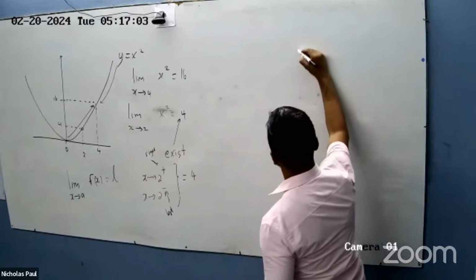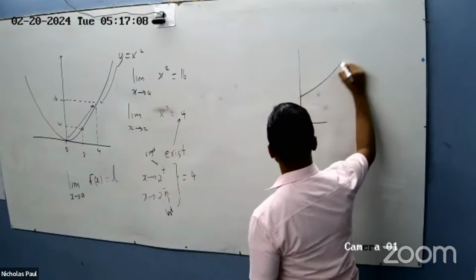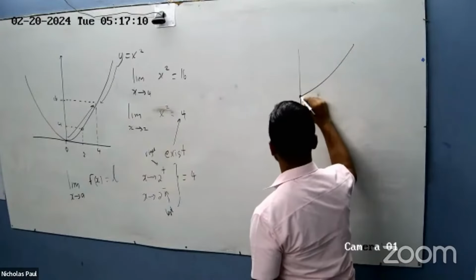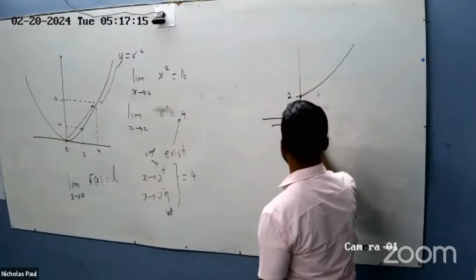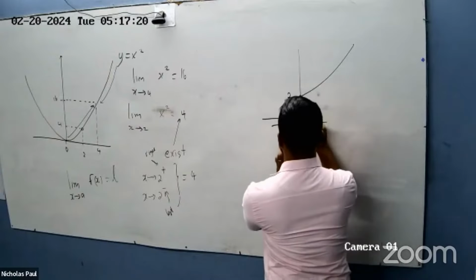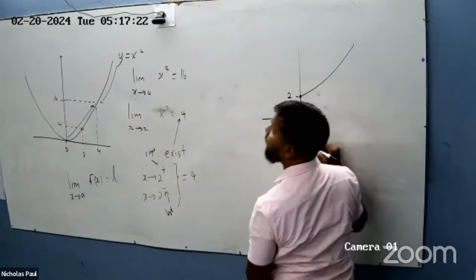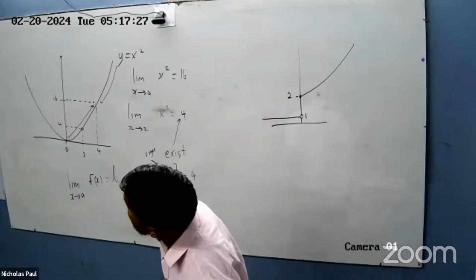Suppose I gave you a function like this. I want to specify something here.